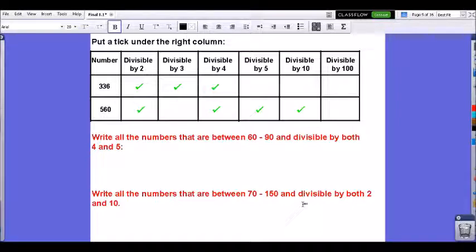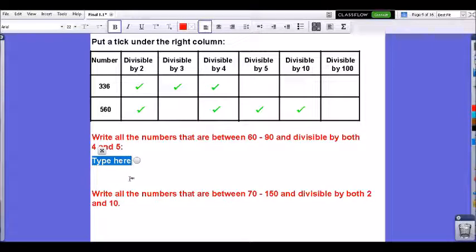Like here, the 5. In this case, the number that is bigger is the 5. We're going to take it. Get all the multiples of 5 between 60 and 90, and check whether they are divisible by 4 or not.